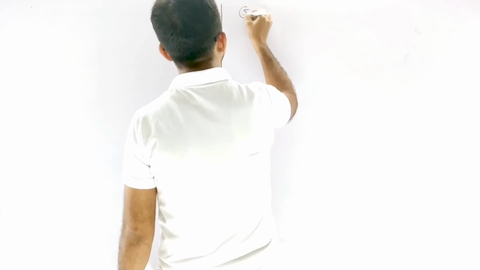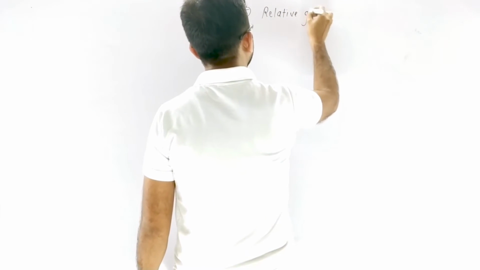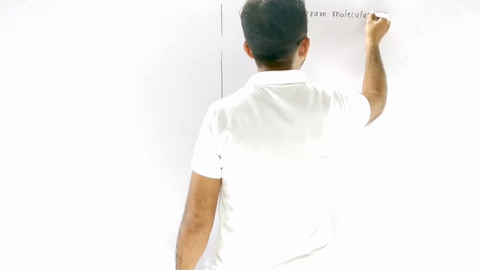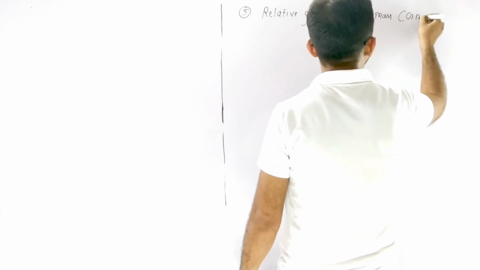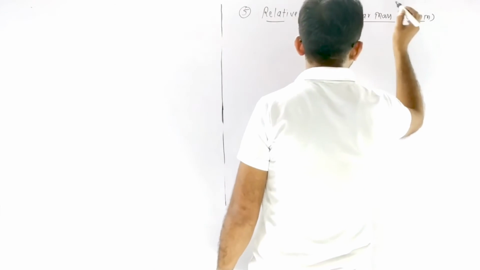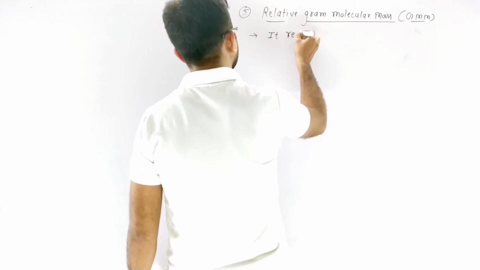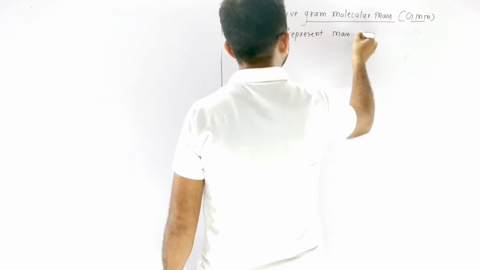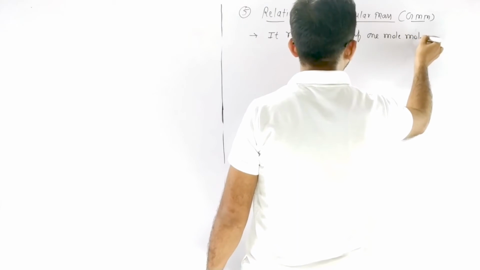Next we discuss the fifth term, relative gram molecular mass, or we write GMM, gram molecular mass. So what is the meaning of relative gram molecular mass? It represents the mass of one mole of molecules.